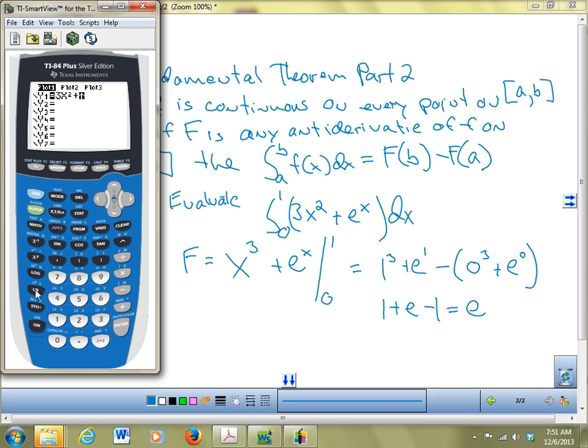And then you don't need a big viewing window, so I'm going to go in and change your window, because I don't think it will do the graphic integration if you don't have the function within your window. So I'm going to set up my window from -1 to 2 so I can see it. I don't need to go way down to -10 because this is all positive stuff. So I'm just going to set it to -1.